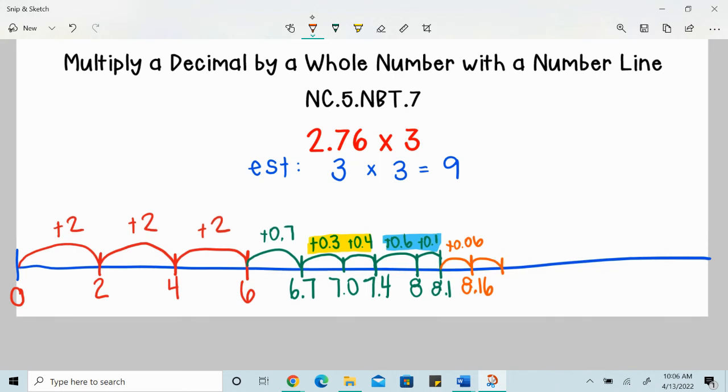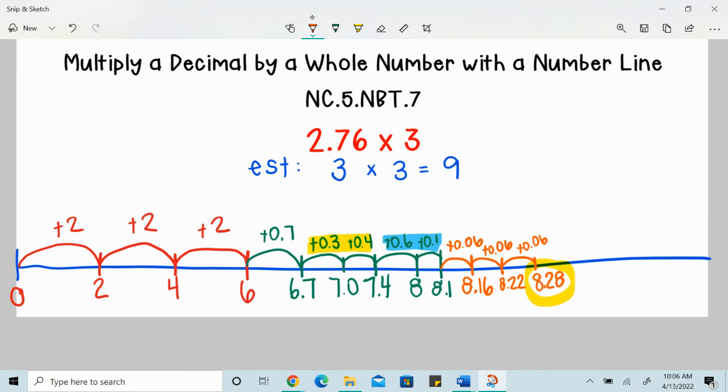Now I know that if I add 6 more hundredths to that, I would be at 8 and 22 hundredths, because I know 16 hundredths plus 6 more hundredths is 22 hundredths. And then I know if I have one more group of 6 hundredths, because I needed 6 hundredths 3 times, 8 and 22 hundredths plus 6 hundredths would be 8 and 28 hundredths. And so that would be my final answer.